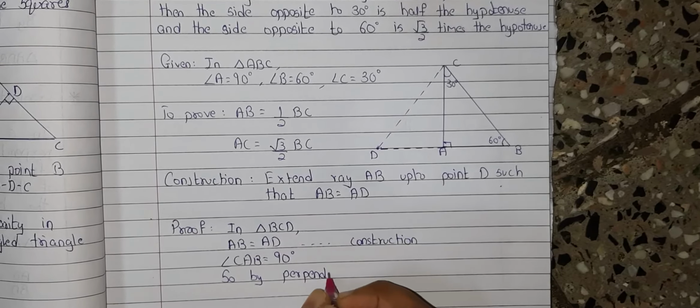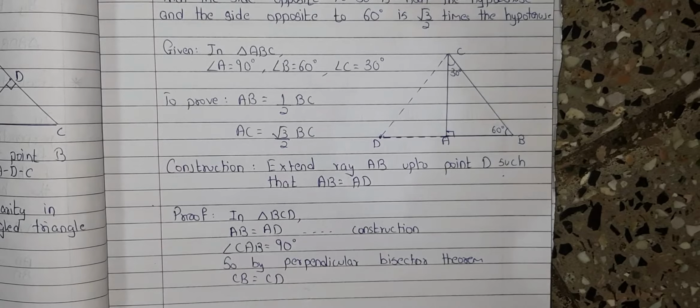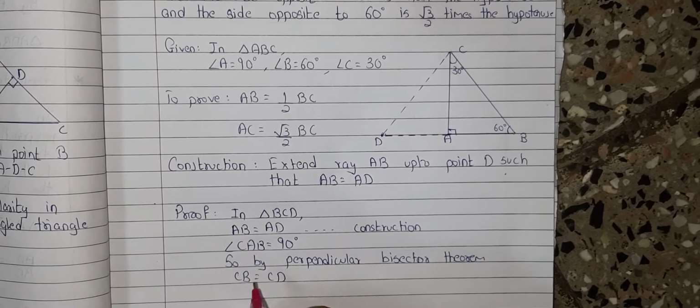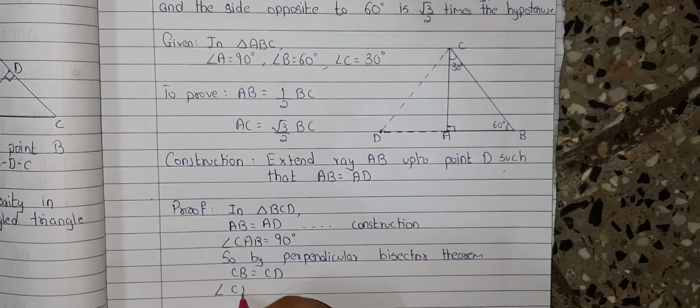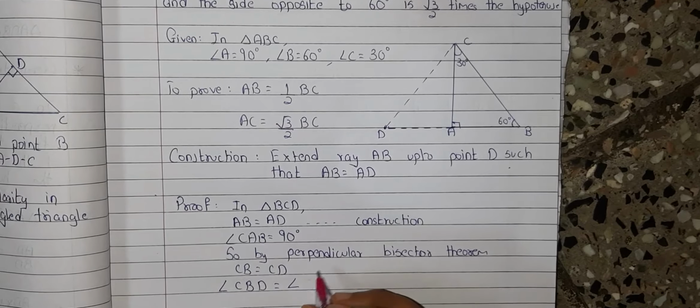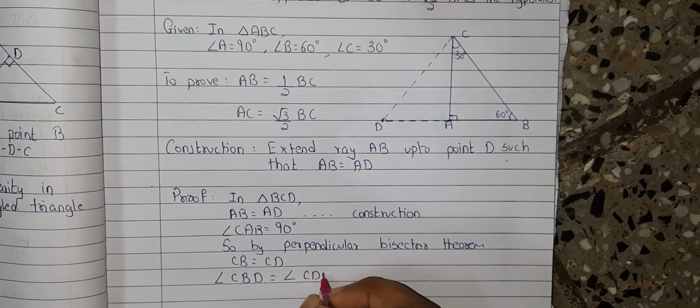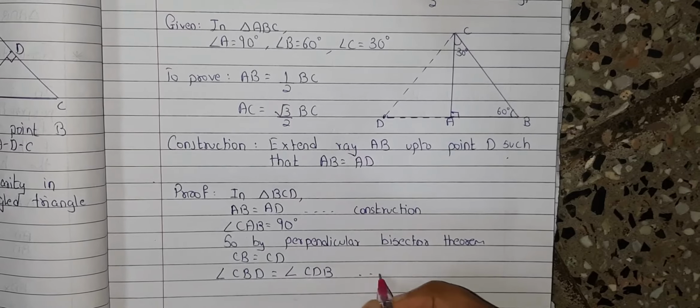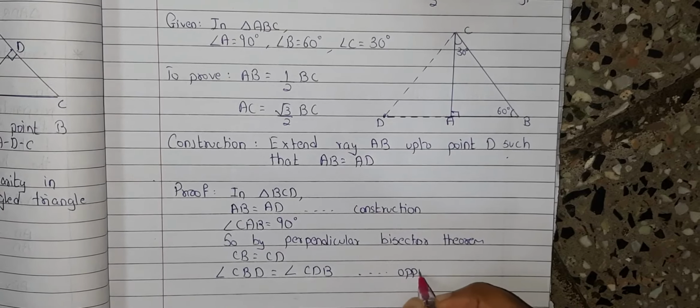Therefore we can write CB is equal to CD, and from this we can write that angle CBD is equal to angle CDB, that is, opposite angles of congruent sides.